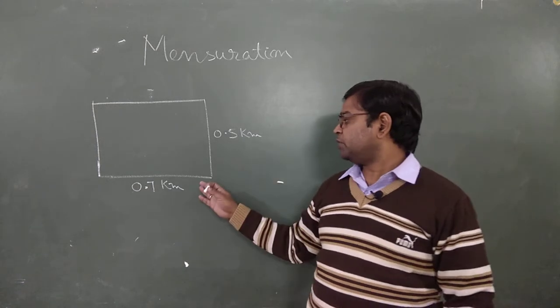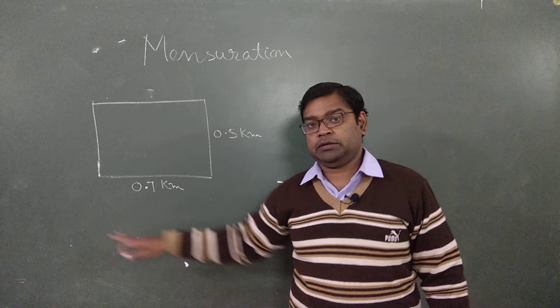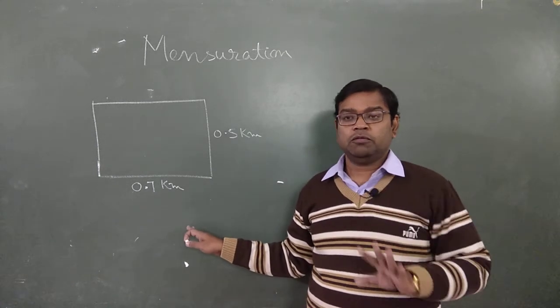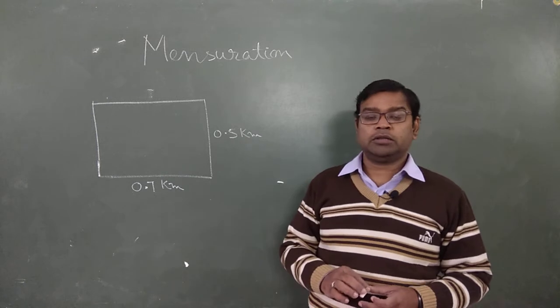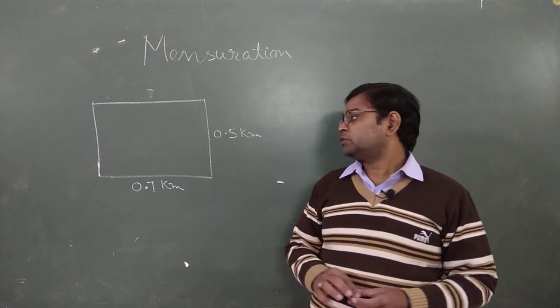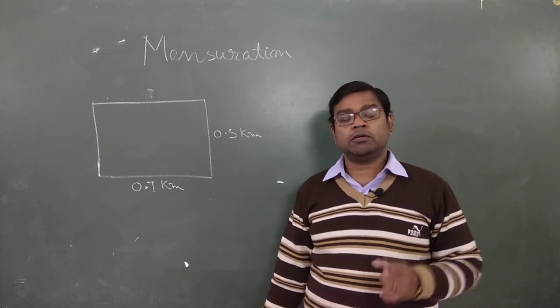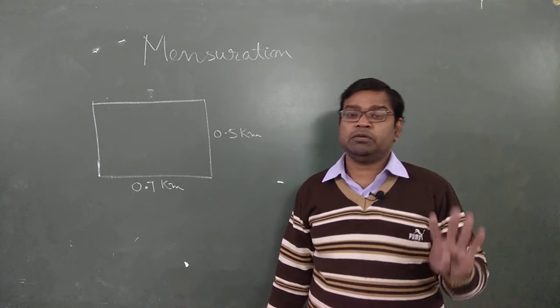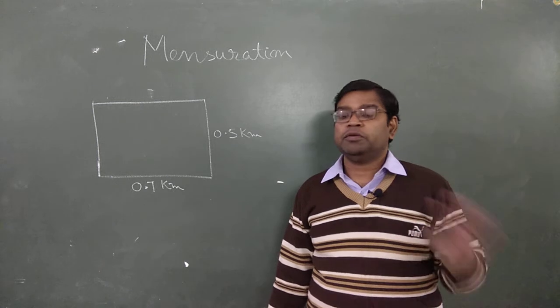So this piece of land is fenced by 4 rows of wire. What is the total length of wire required? First we find the perimeter, and that perimeter is the length of 1 time fence, and there are 4 times, so we find the product of the perimeter with 4.